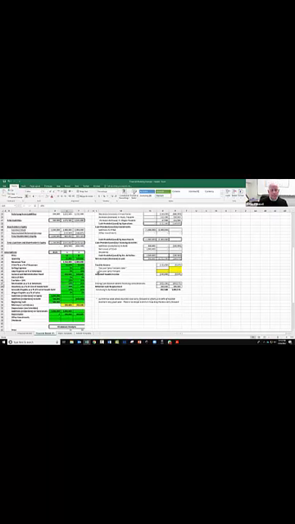I'm taking inventory as a percentage of cost of goods sold. I very often will take inventory as a percentage of revenue as well, but in this example I'm showing you cost of goods sold, and then accounts payable as a percentage of cost of goods sold. I would always do accounts receivable as a percentage of revenue, and I would always do accounts payable as a percentage of cost of goods sold.